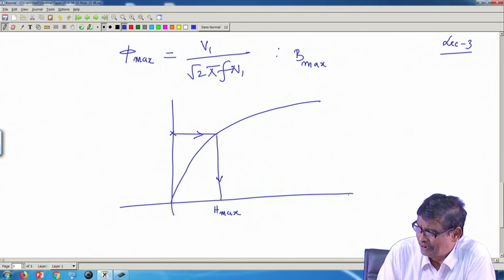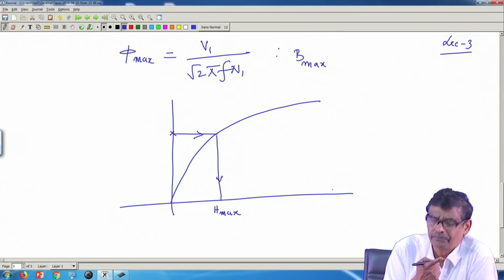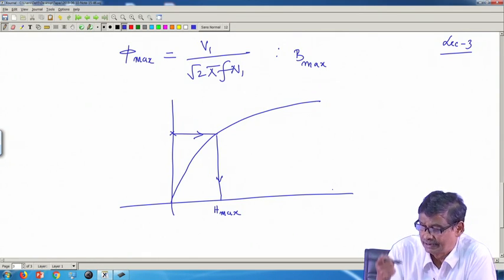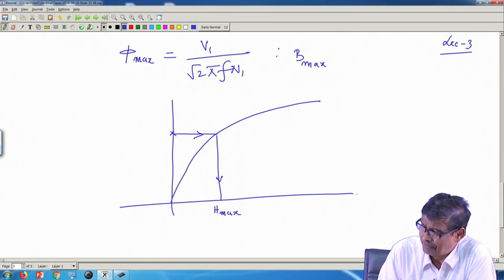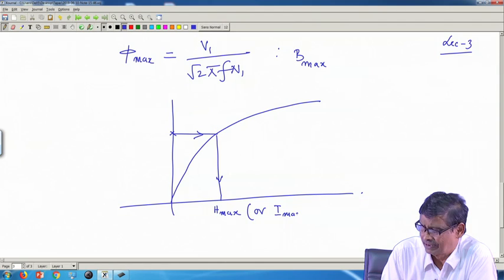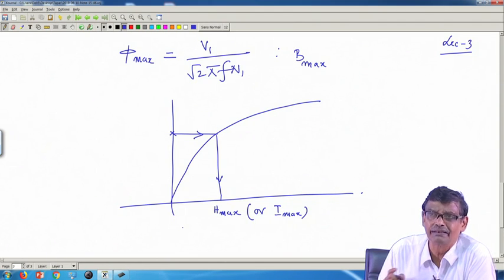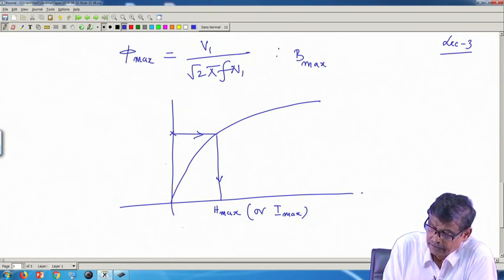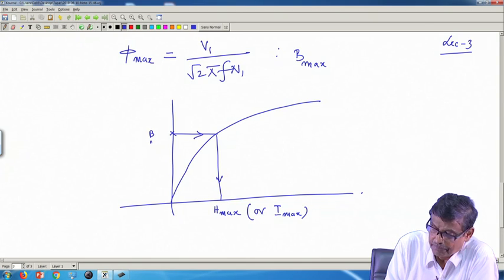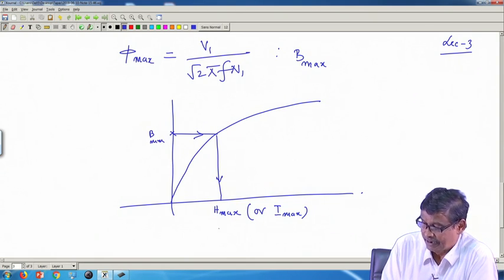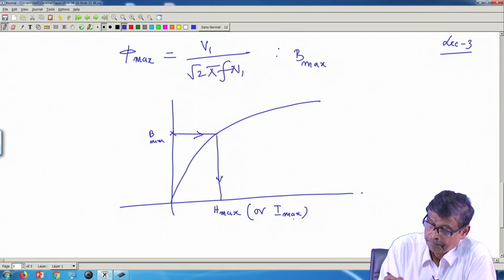This axis can be, for a given value of number of turns N and magnetic length L, also treated as I, H max or I max, is not? I can always do that because N by L comes as a constant. So, corresponding to this B max you get H max, hence I max, hence the current drawn from the supply.